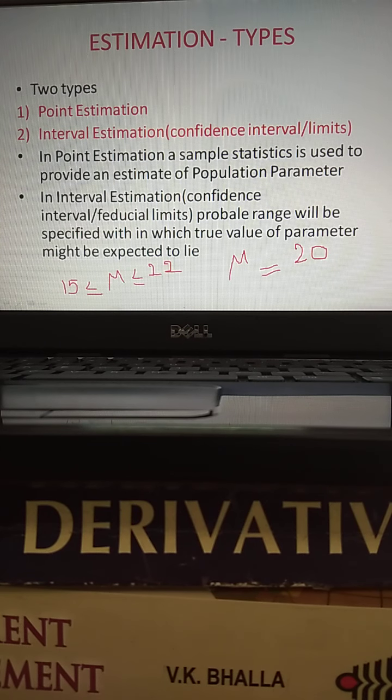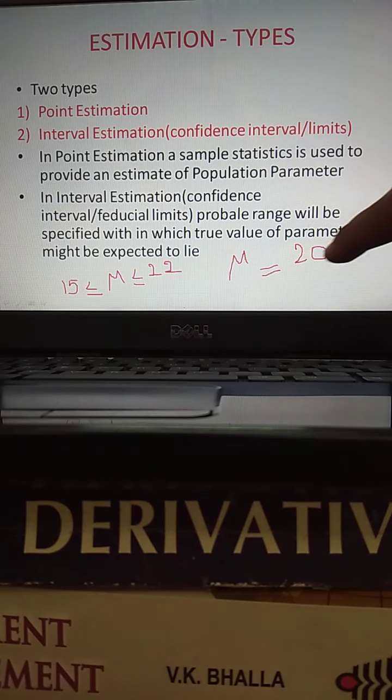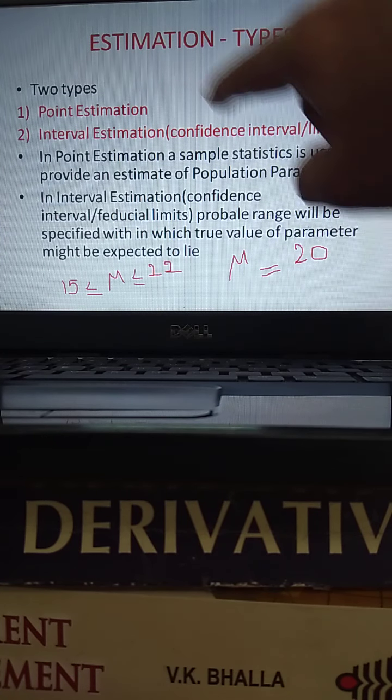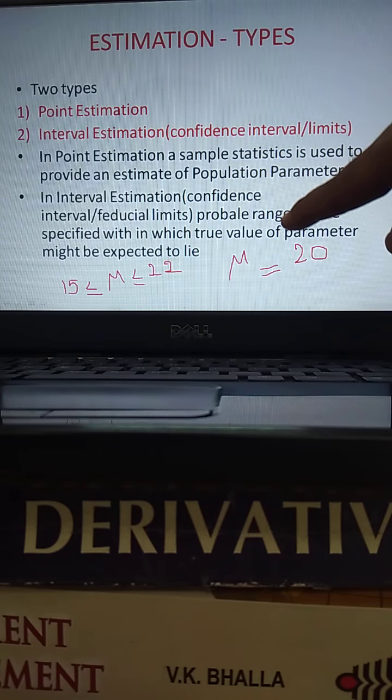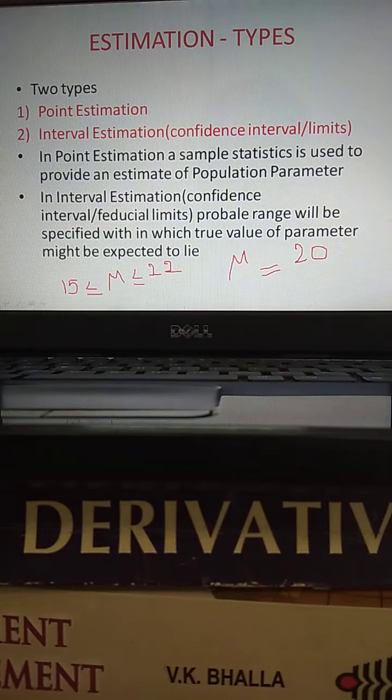You may raise a doubt here. Looking at these ways of estimating the parameters, one may say that mu equal to 20, the point estimation, is going to be more powerful. Strictly speaking, not at all. If you compare interval estimation and point estimation, the interval estimation gives more approximation about the population information.